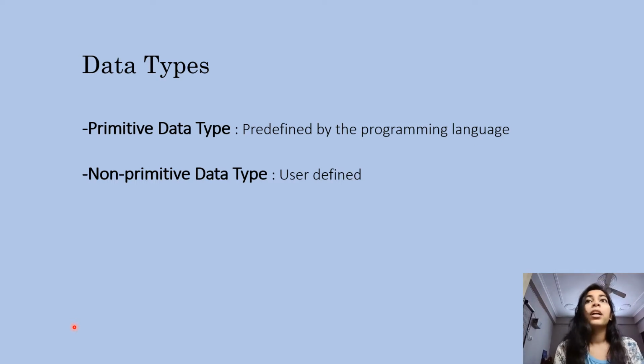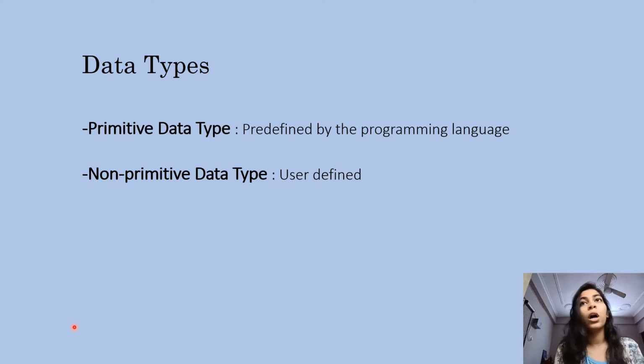Now, when it comes to non-primitive data type, all right. If a data type is not already defined by the language, here Java, then who shall define it? It is not the programming language, it is us as the users, the coders, right? So either it is predefined, or we need to define it, right?